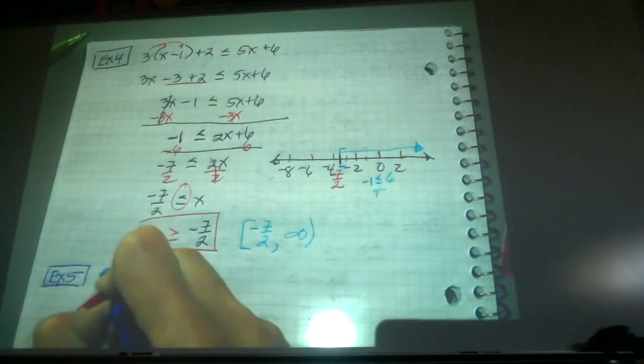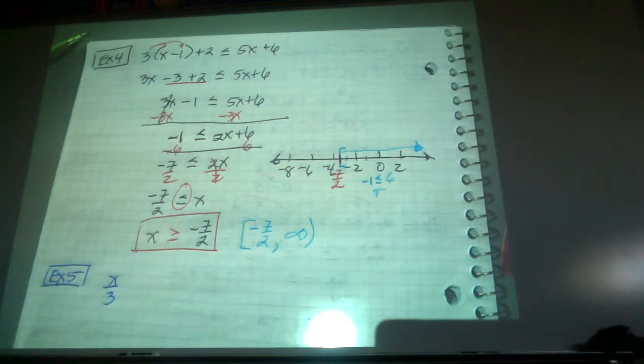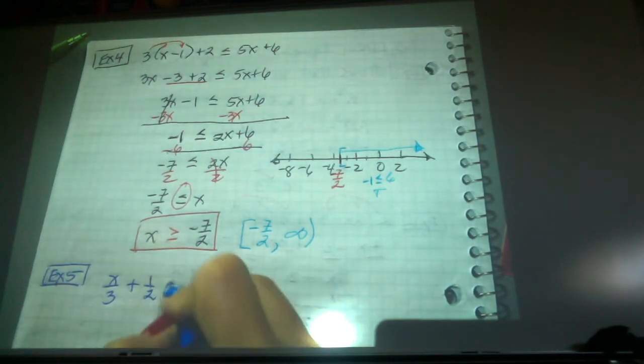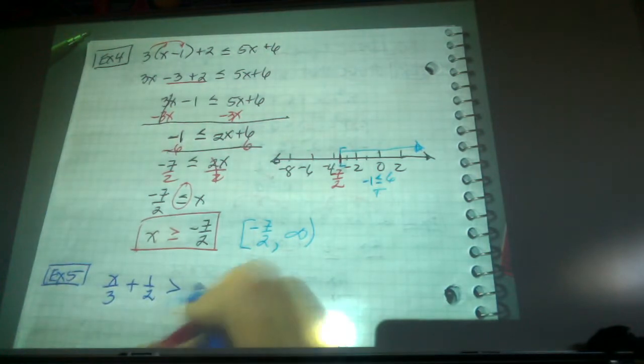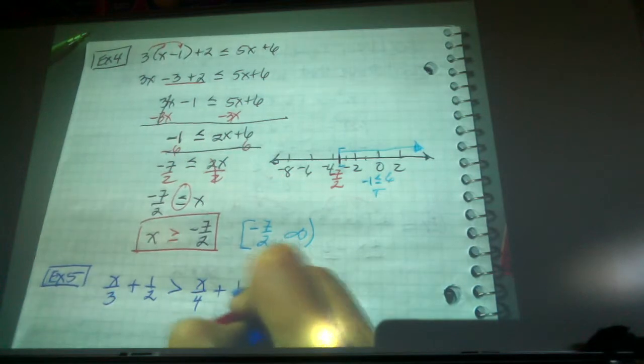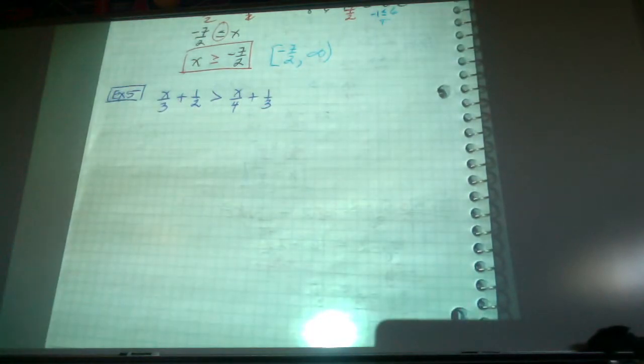This time we have x divided by 3 plus 1/2 greater than x divided by 4 plus 1/3. Based on what we've done before, what are we going to do first?